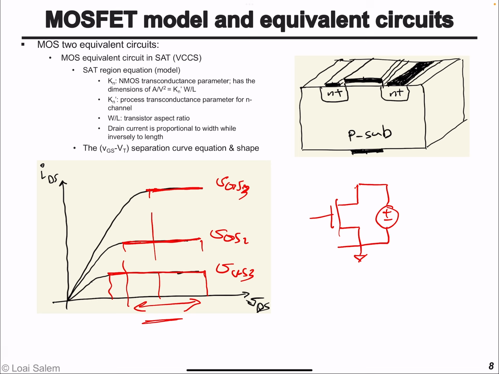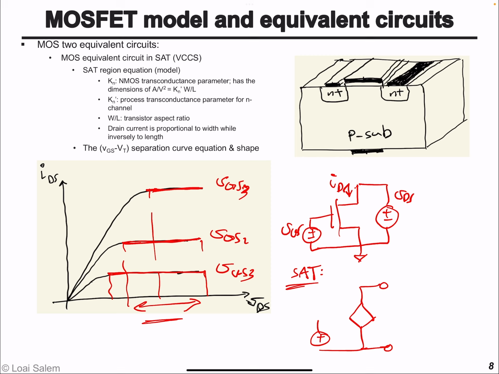So if this is VDS and this is VGS and this is IDS, we find that the transistor in the saturation region can be modeled as a voltage controlled current source, and the reason is, in the saturation region, if this is the gate terminal and this is VGS, this is the drain to source voltage VDS.